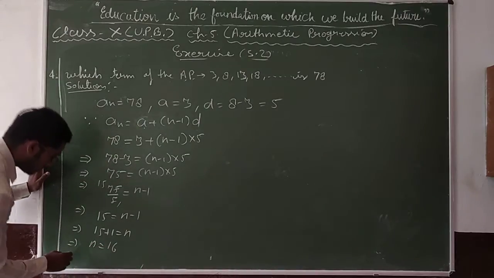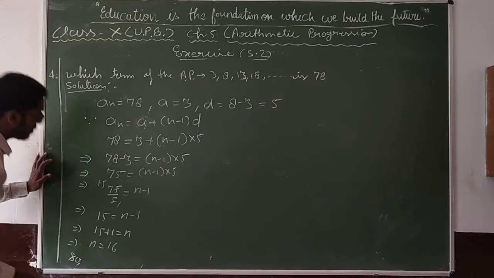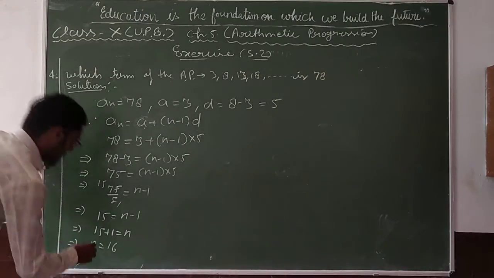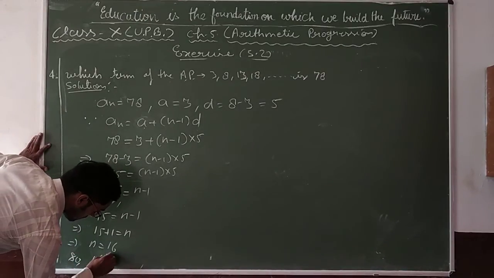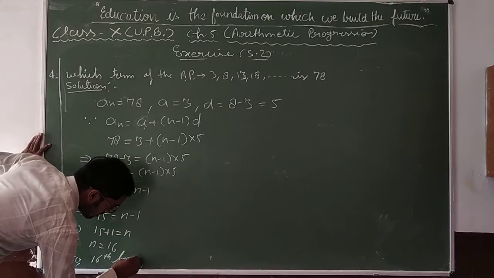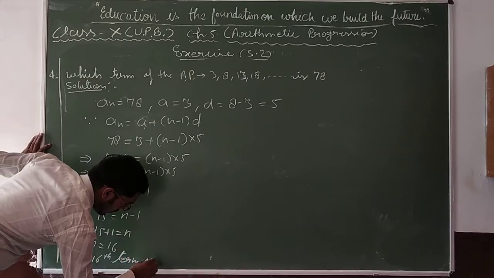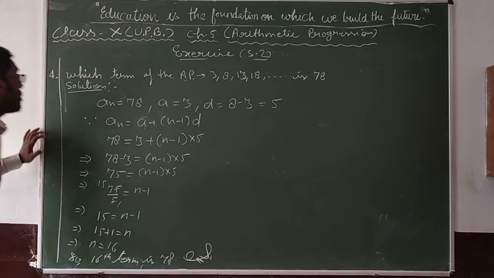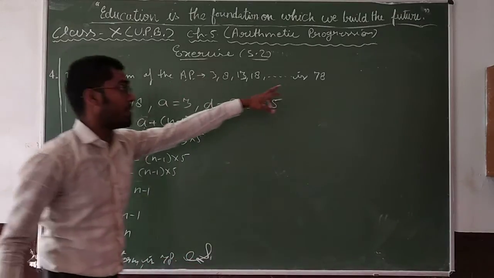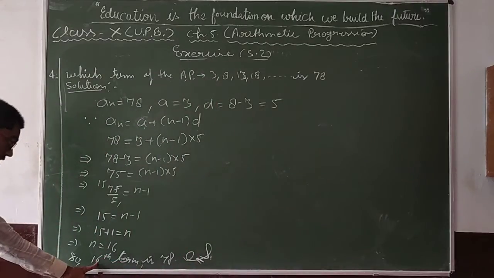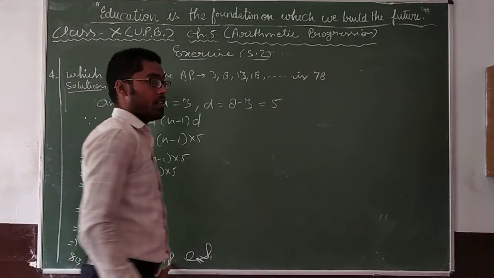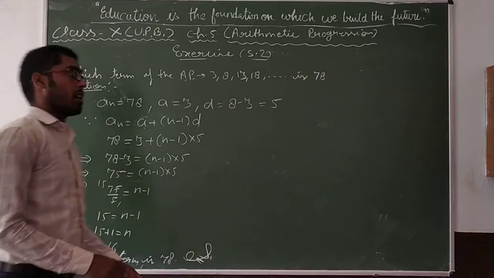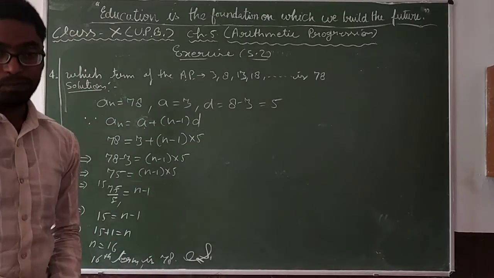So the 16th term is 78. That is your answer. The question was asking which term of the AP is 78, so the 16th term of the AP is 78. That is your answer. Let us solve the next question.